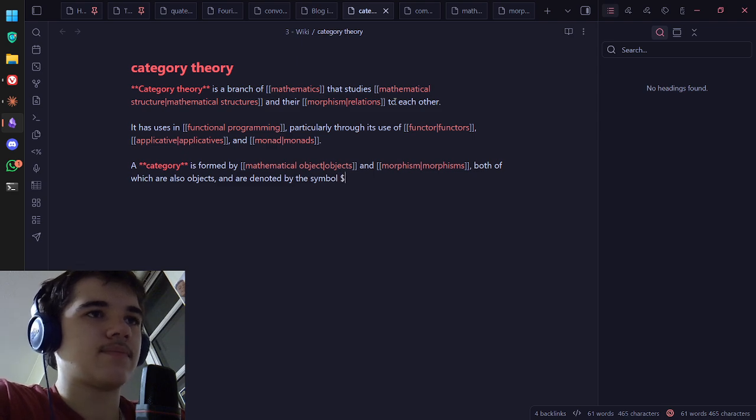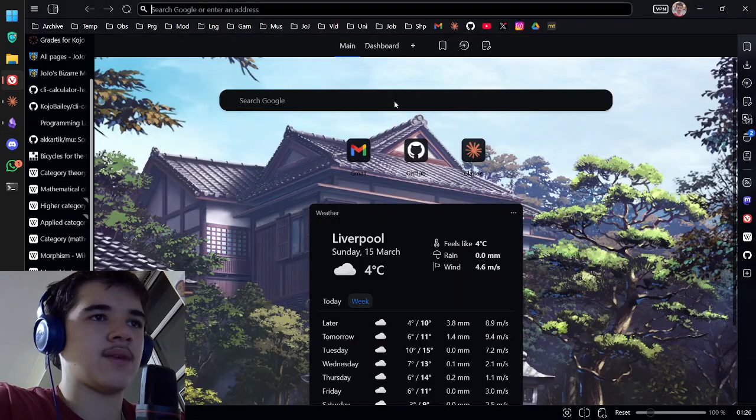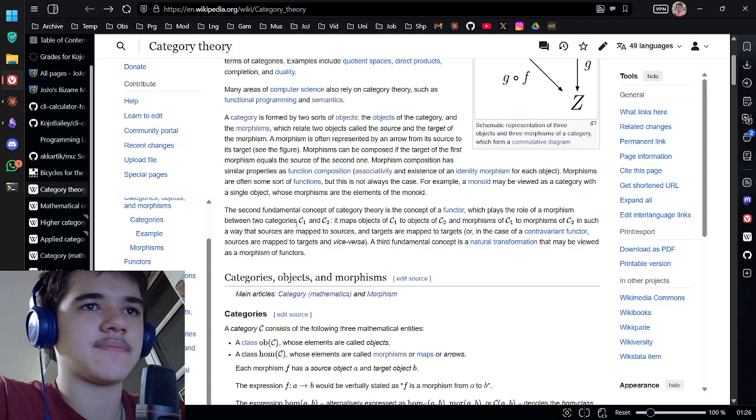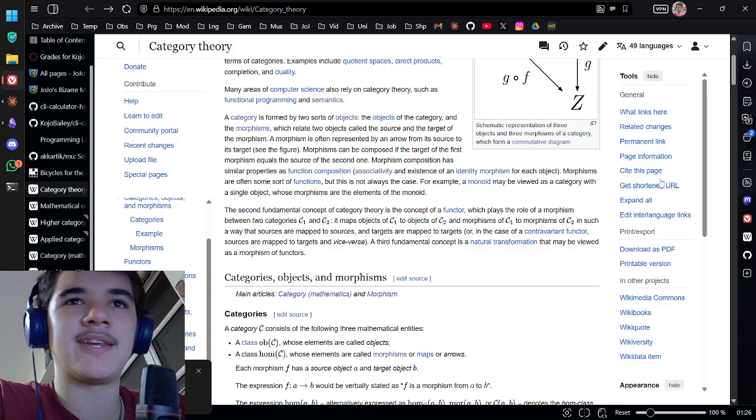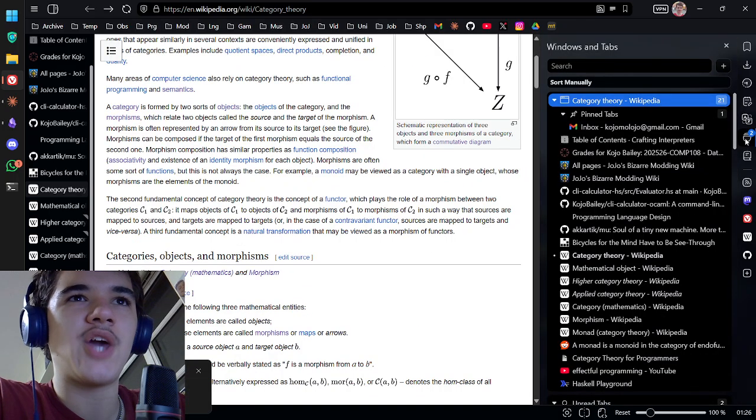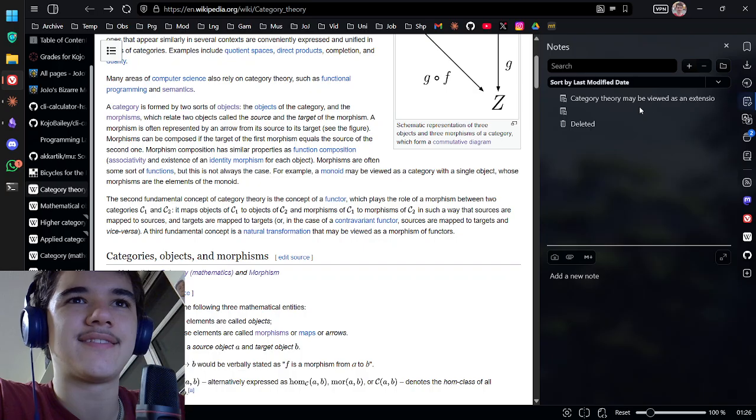Yeah, can I view the LaTeX for this? I keep making notes by accident. Where are they going? Here.